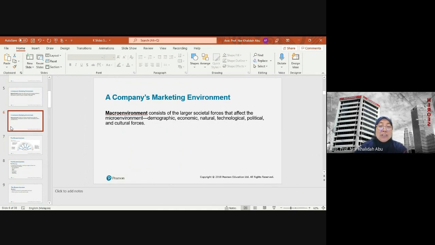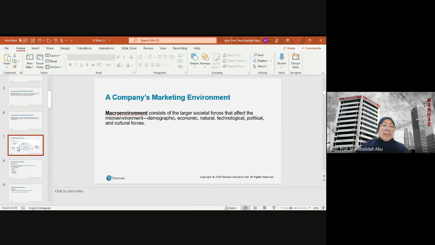These are the larger societal forces. That means these are extremely large forces that could appear and surround the organization, or is already there in the environment of the organization. So that includes demographic, economic, natural, technological, political, and also cultural forces.